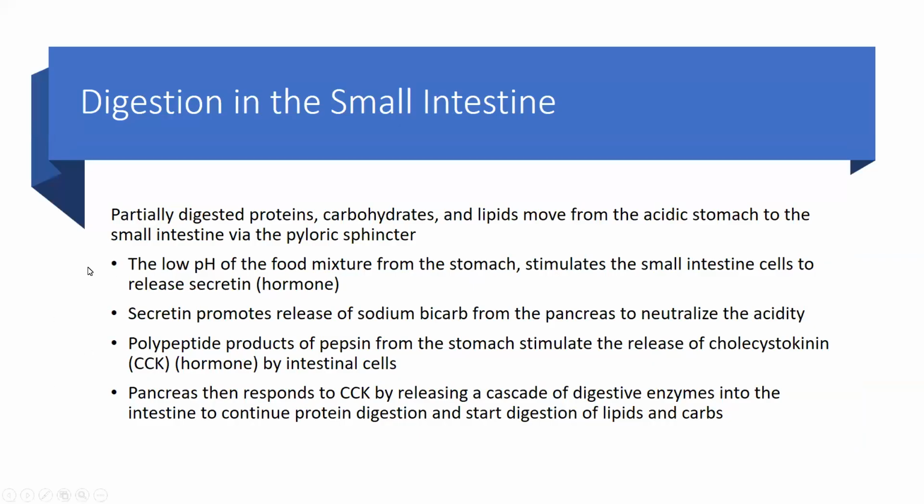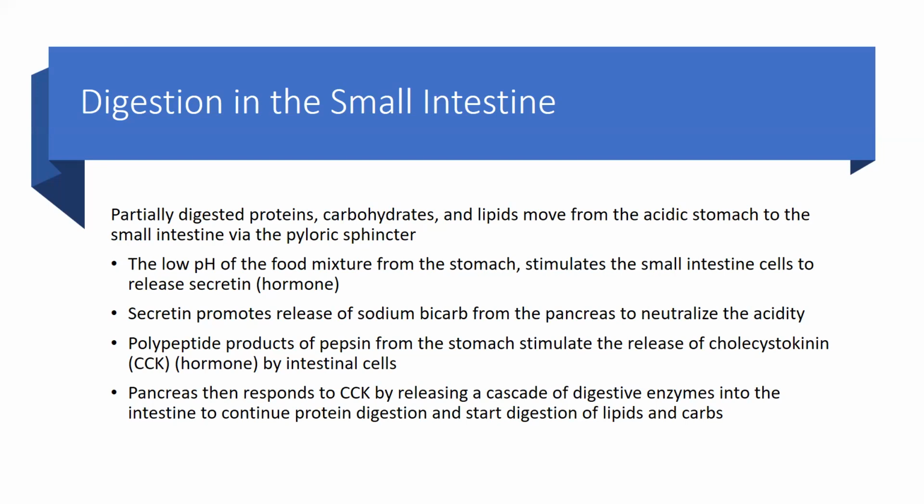Once we move to the small intestine, where our partially digested proteins, carbs, and lipids are going to move through our pyloric sphincter, the acidic chyme, or the low pH mixture, in the small intestine is going to stimulate our small intestinal cells to release secretin, which is a hormone. So now we have our first hormone that we've discussed in this one. We'll talk about some other hormones in our next slide set.